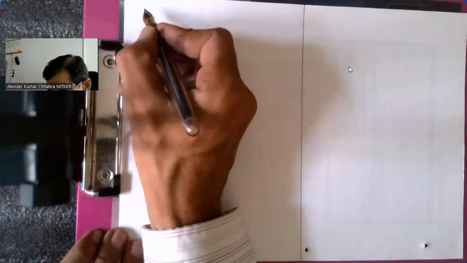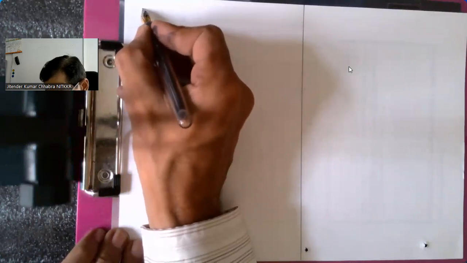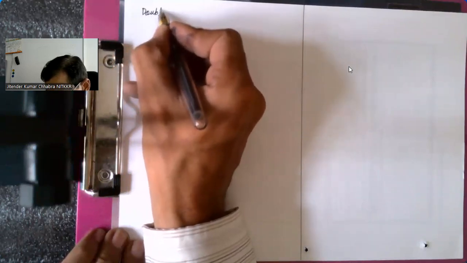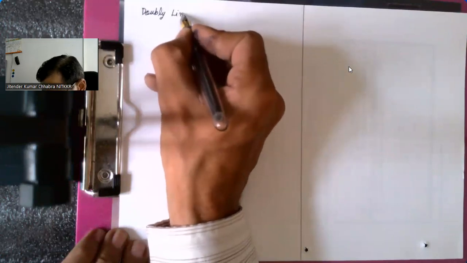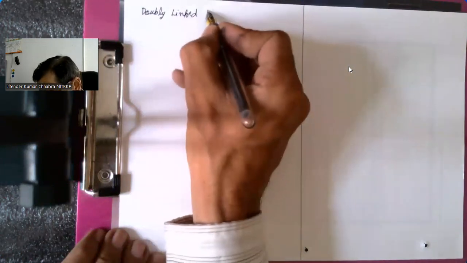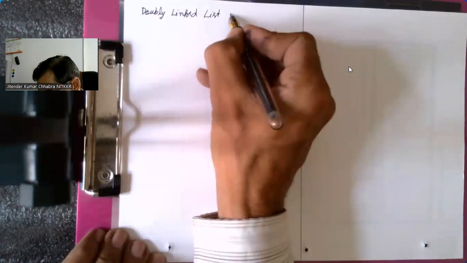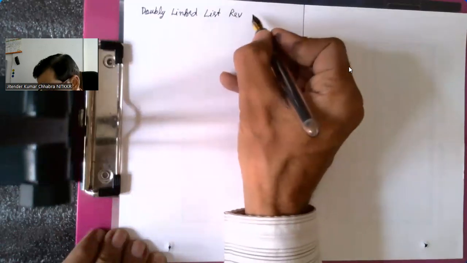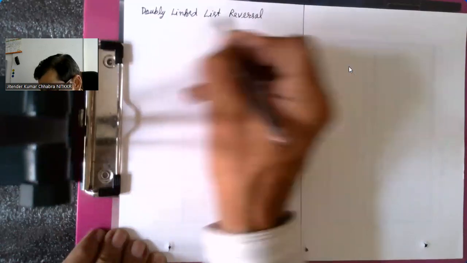Going further, let's see now. The same thing we have done, and for a doubly linked list, how to reverse. I say for a doubly linked list, things are still easier than that. Even easier than a singly linked list reverse.